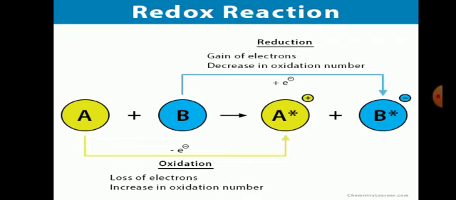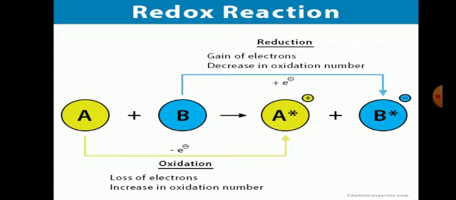So when electrons get added, it is also your reduction, and when hydrogen gets added or gained, that is also your reduction. So gain of electrons is reduction, gain of hydrogen is reduction, and loss or removal of oxygen is also reduction. I hope that you understood about reduction.